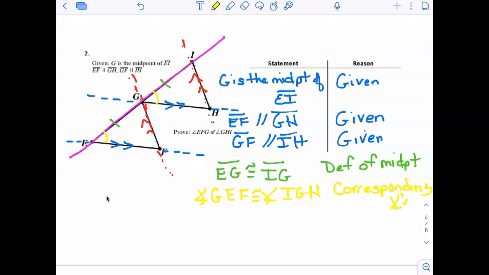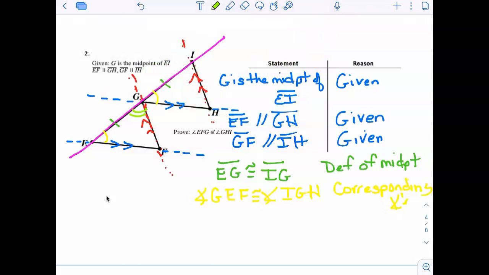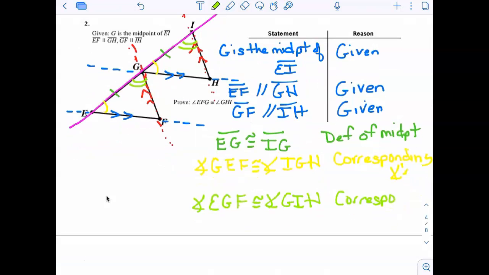Okay, and then we also have this angle along with this angle, okay, that again would be corresponding angles. So we can say angle EGF is congruent to angle GIH, and again that is corresponding angles.